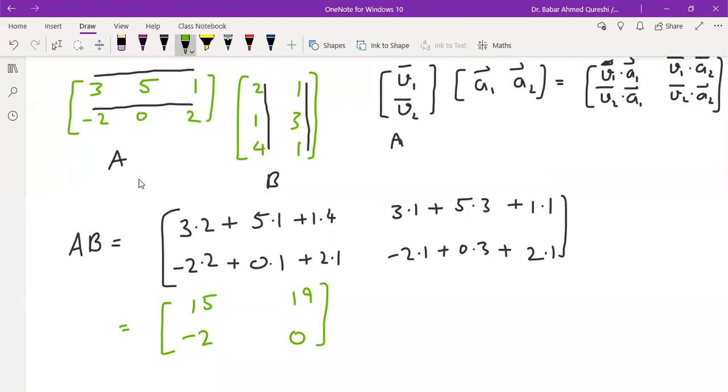Then minus 2 with 2, 0 with 1, and 2 with 4. So I looked at the wrong place when I was writing it. 2 with 4. So that gives me 8 minus 4. So this gives me a 4. Yeah, the rest is fine.